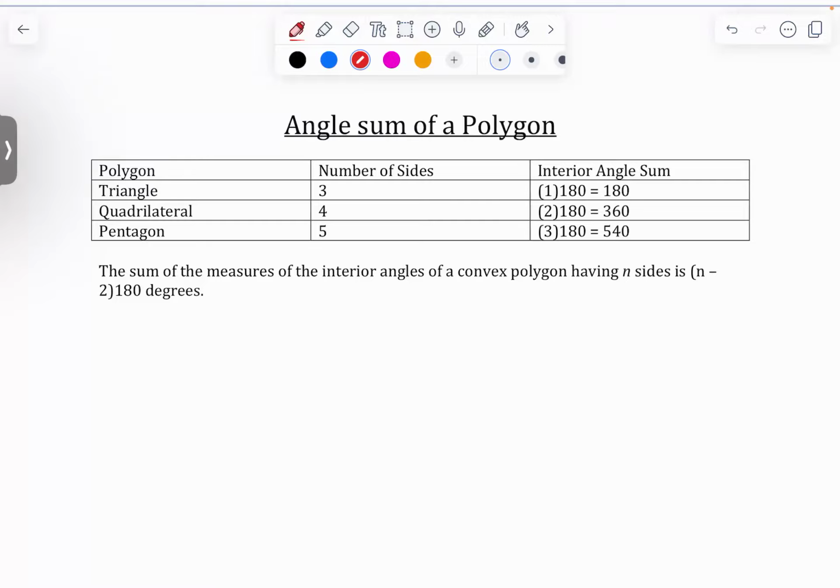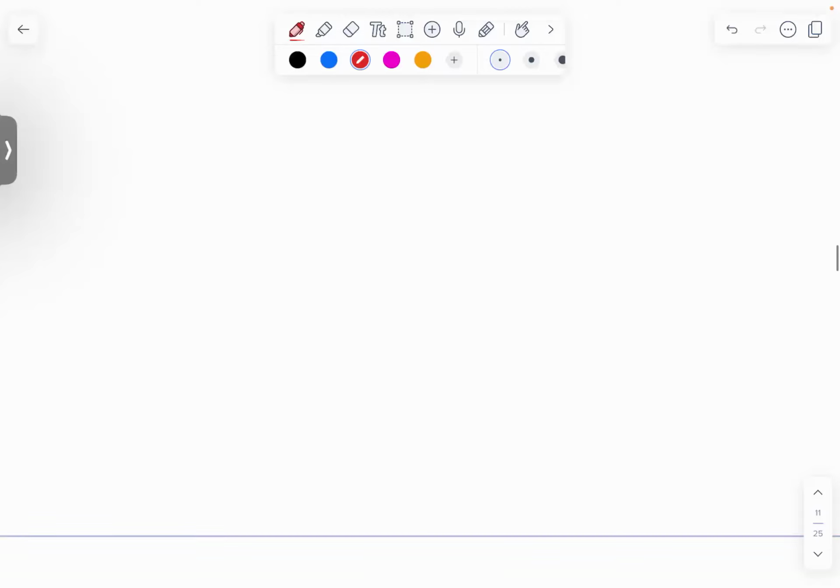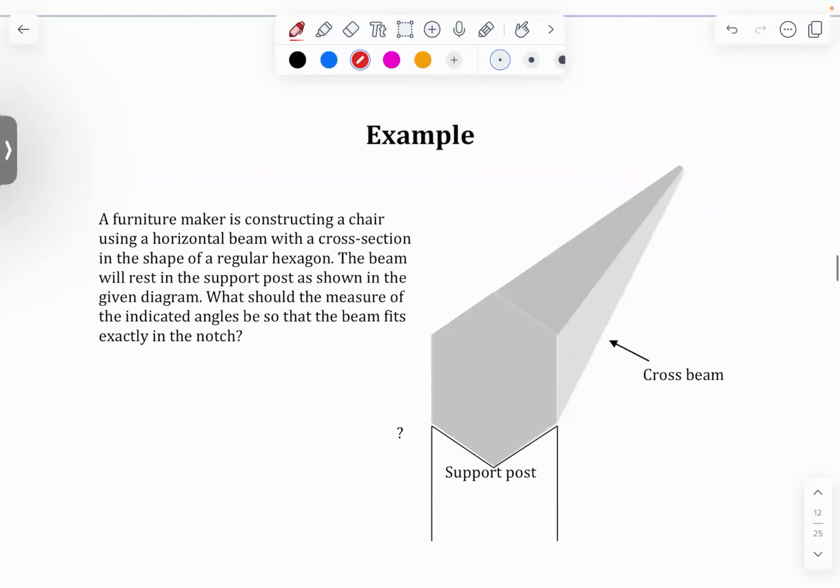And that's the total sum of all the angle measures within a polygon. That's really helpful because when we know we have regular polygons, we can identify the measure of each angle. Let's look at an example here.